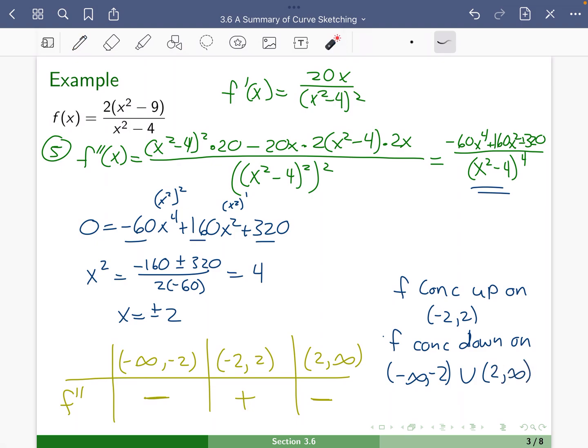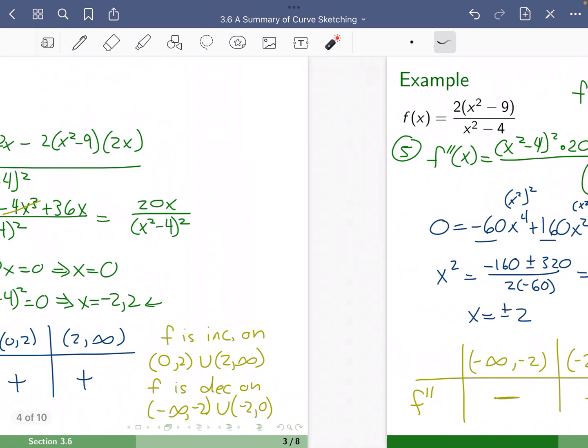Do we have any inflection points? Well, we might be tempted to say, here at negative 2, it changes from concave down to concave up, so we have an inflection point there, and it changes from concave up to concave down right here. However, recall, we have previously identified those as vertical asymptotes, so those won't be inflection points.